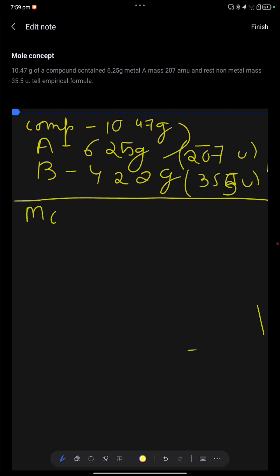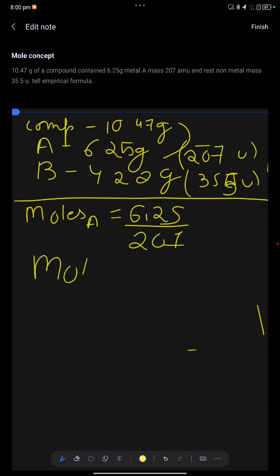So let's find the moles of A, which will be equal to 6.25 by 207, and the moles of B will be equal to 4.22 by 35.5.